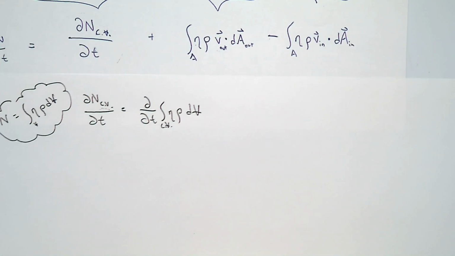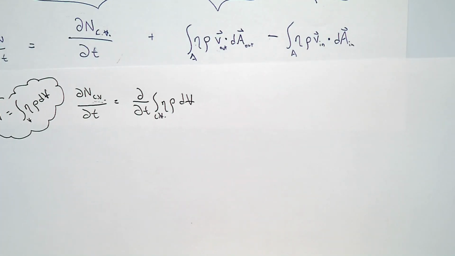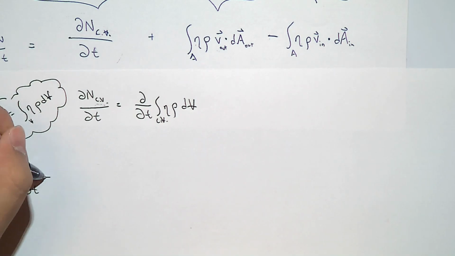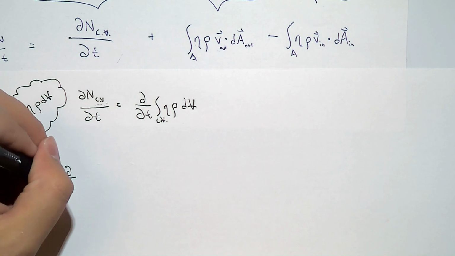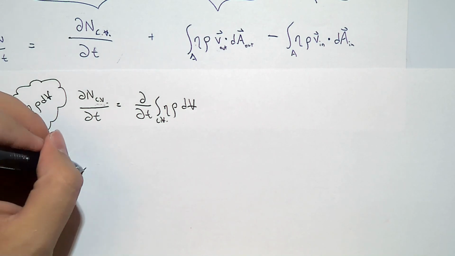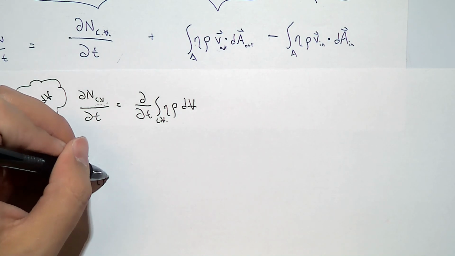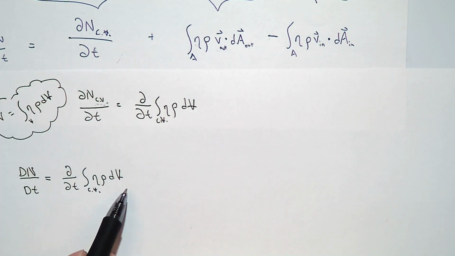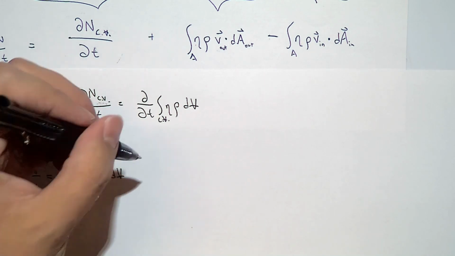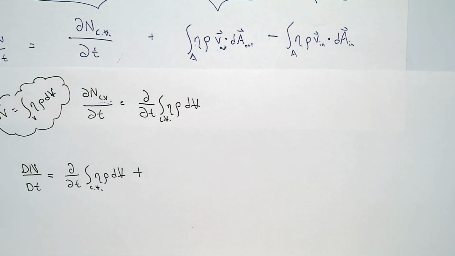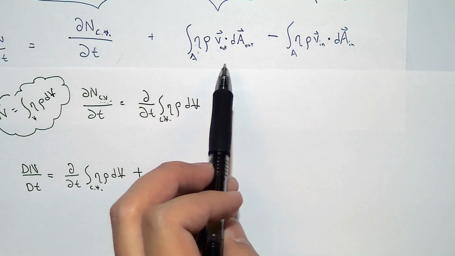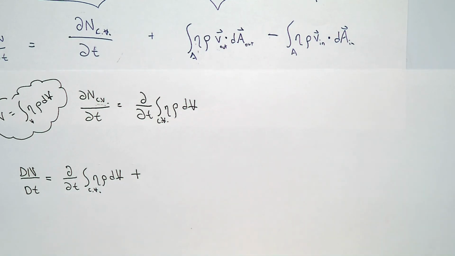And finally, I get that the change in my extensive property with respect to time is equal to the partial change with respect to time of the integral of my intensive property times density, evaluated over my control volume, dV. Plus, I have my integrals across my control surfaces, leaving and entering.